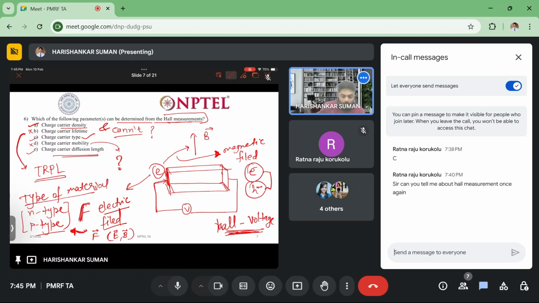And we can also calculate the charge density. If you calculate the Hall voltage, we can use this relation. If you know this relation, you can easily calculate, as well as the diffusion length.